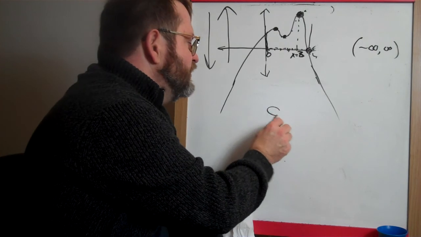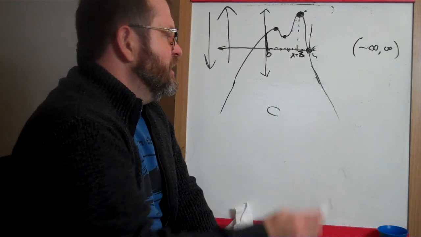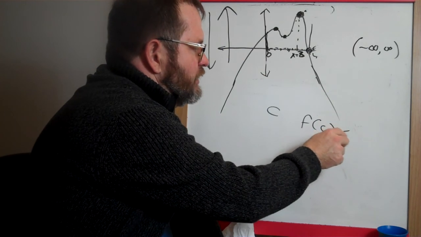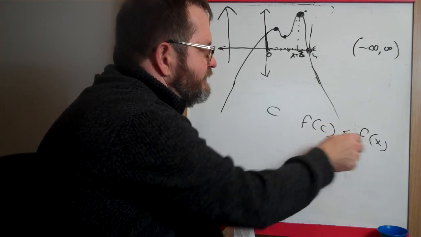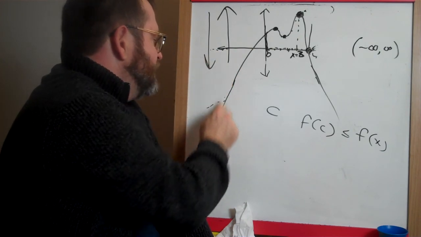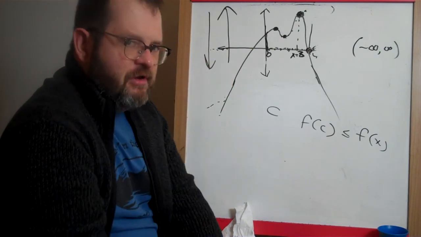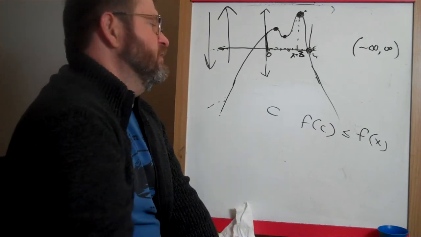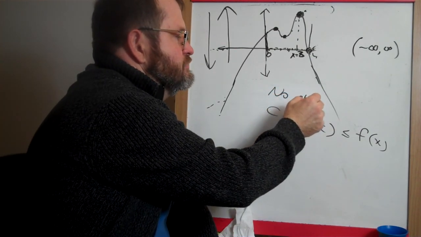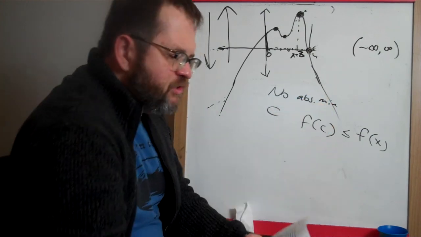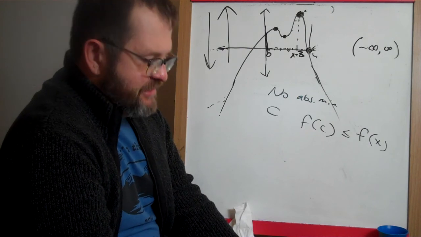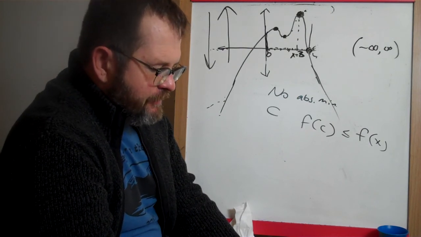Because there is no value of c I could pick such that f of c is lower than any other value of f of x. No matter how far out I go on c out this way on the x-axis, I could always go farther and get an even lower value of f of x. So in this case, there is no absolute minimum. This will mostly happen to us when we're using an interval that is negative infinity to infinity.